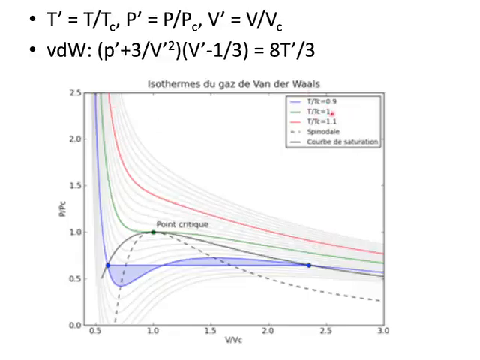At the critical temperature, so at reduced temperature equal to 1, it has a point where the slope is 0, and going to temperatures lower than the critical temperature, we see that we get inversions of slope.